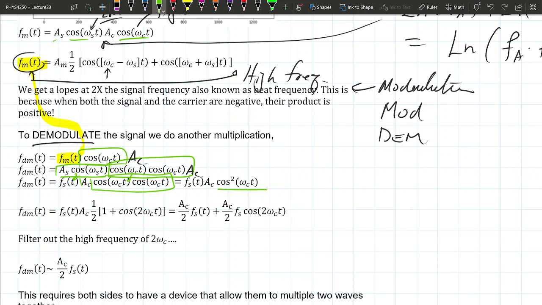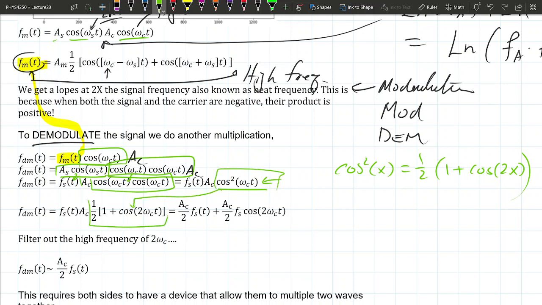And for the square of a cosine function, there's yet another trig identity: cosine squared of x is equal to one half times one plus cosine of 2x. That's another trig identity that you can either memorize or just figure out. So I can replace this with that here.